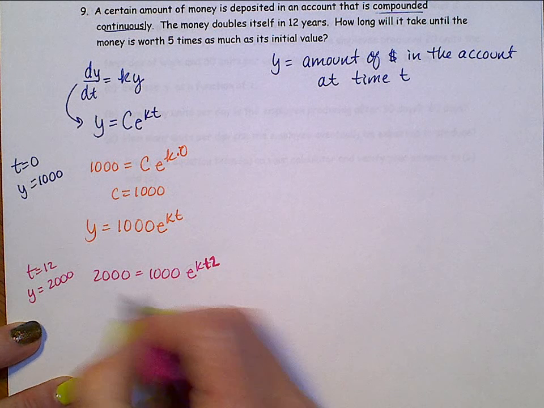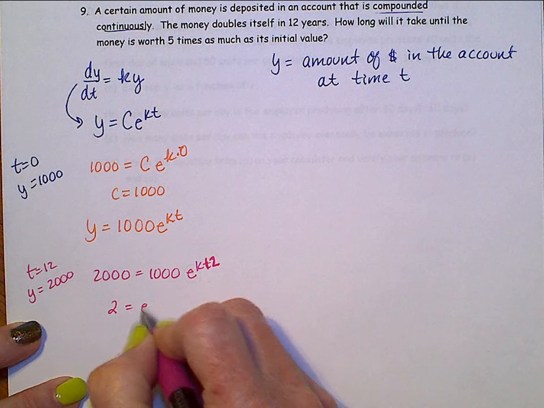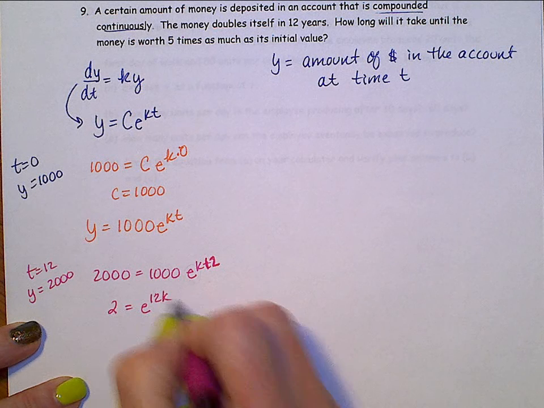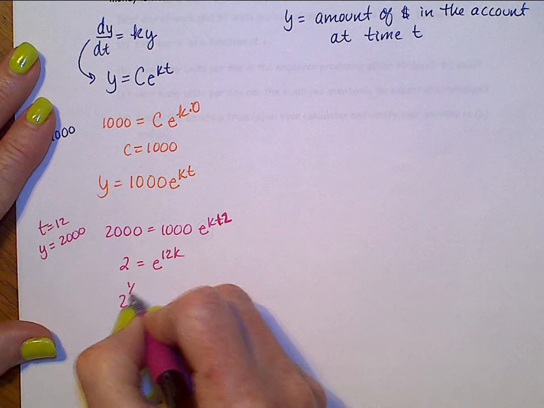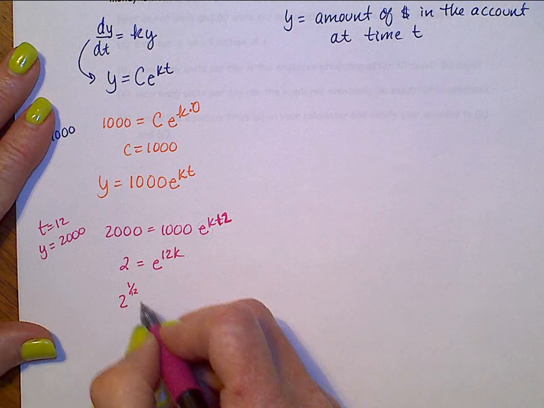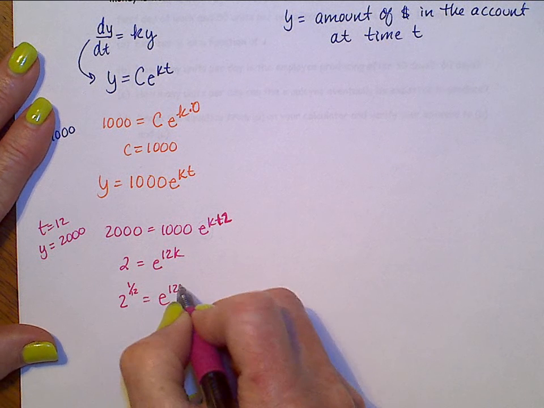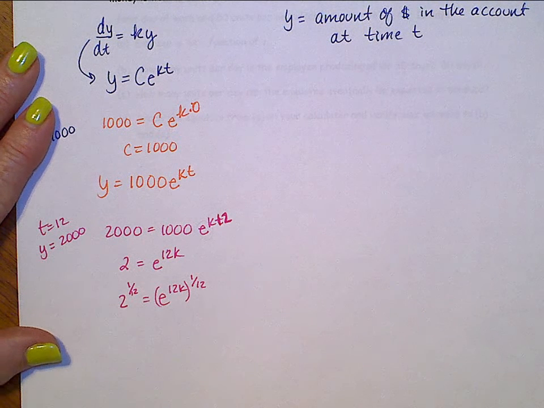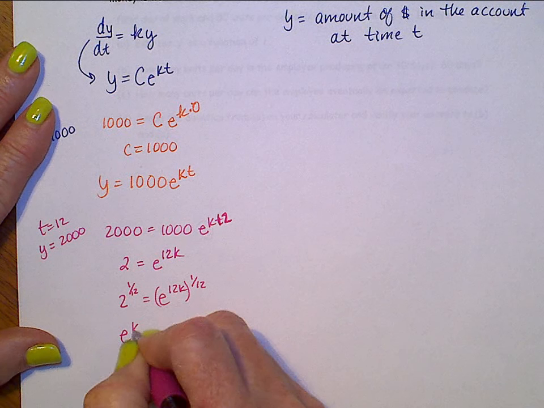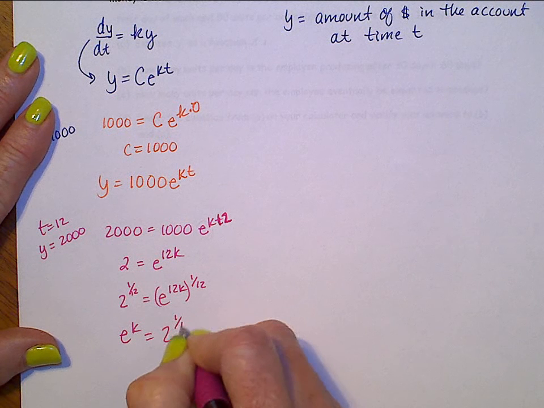Divide out this 1,000, we have 2 is e to the 12k. Now if we raise both sides of this equation to the 1/12th power, that'll give us e to the k is 2 to the 1/12th.